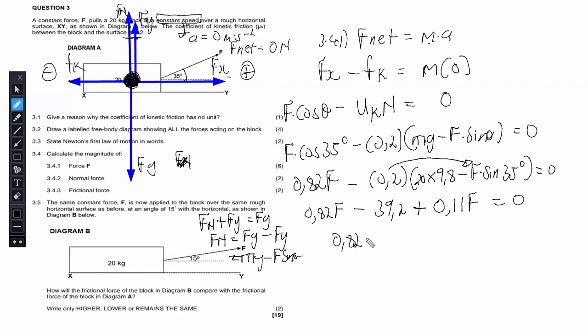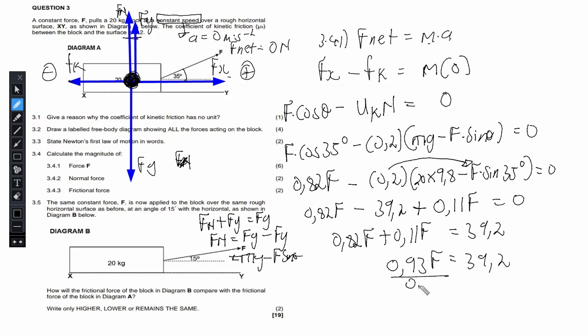Then 0.82F plus 0.11F is equal to 39.2. Now, if I add these ones, 0.82 plus 0.11, this is going to give me 0.93F is equal to 39.2.